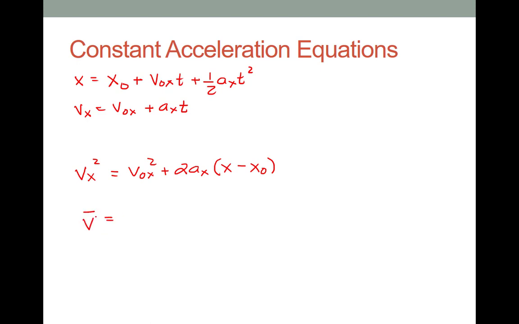This equation relates the average velocity to the velocity at time t plus the initial velocity divided by 2. And these four equations, 1, 2, 3, 4, are the constant acceleration equations in one dimension. And I should really put my subscripts on down here.